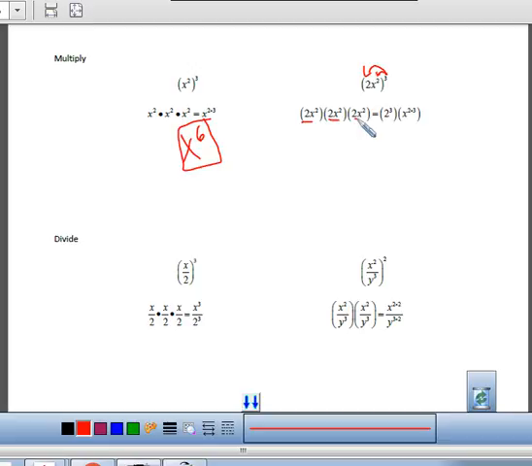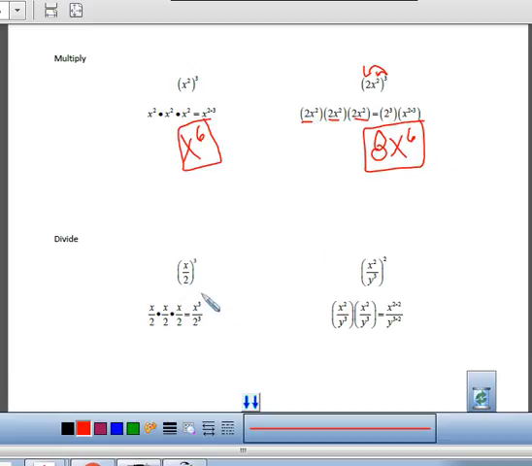We have it 1, 2, 3 times, because that's our exponent up here, 3. Or you can distribute that 3 to both of these, and that's like 2 to the third power, which is 8, and x squared raised to the third power, which we already know is x to the 6th. Okay? Alright, so that is multiplying or raising a power to a power.